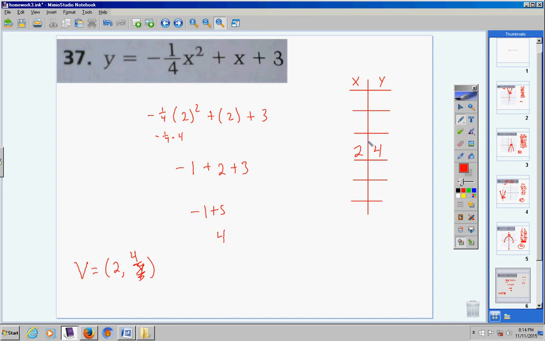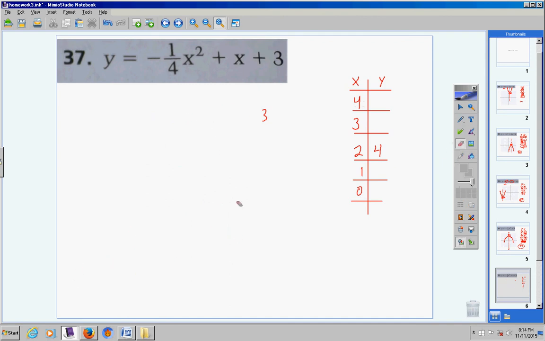Now, because I have a 2 here, I'm going to go up to 3 and 4, and then go down to 1 and 0. If you have a grapher, you can just fill these in. In fact, my grapher right now is saying a 3 for here, and a 3 and 3/4 for here, and for 1, a 3 and 3/4. And for 0, a 3. So it's looking pretty good.